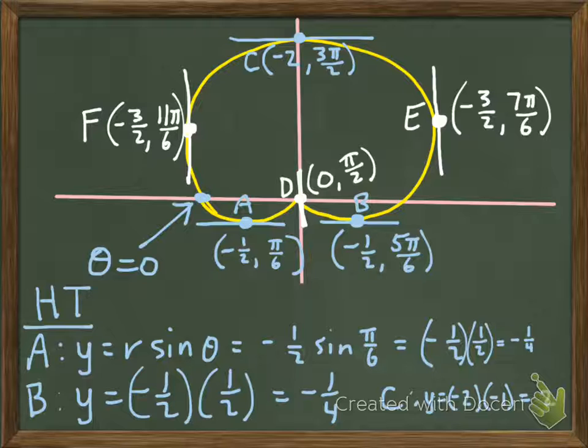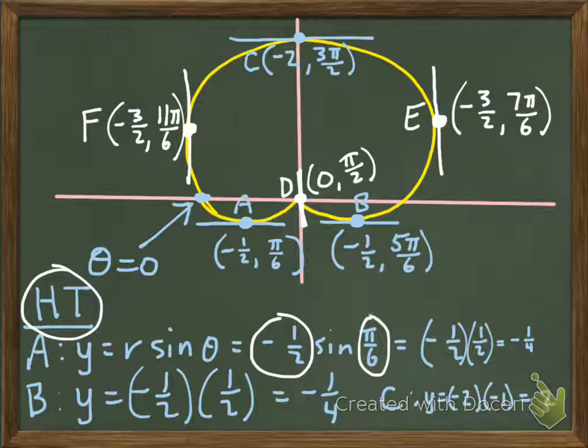If we want to find the horizontal tangents, we want to find the equation of the tangent line going through point A. y is equal to r sine theta. We plug the r in, we plug the theta in, and we get -1/2 times 1/2, which is -1/4.